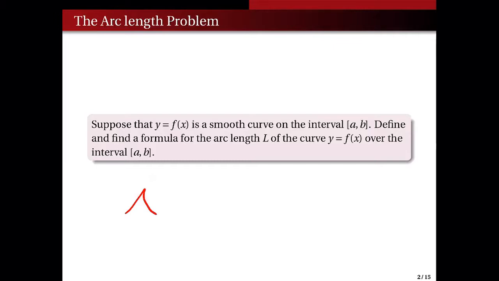Or you can think of this as something that has continuous derivatives. If you look at the function y equals f of x, and its derivative is continuous, then your function is smooth.